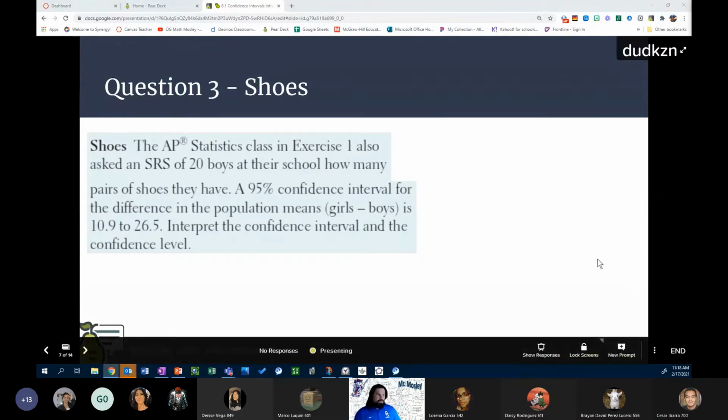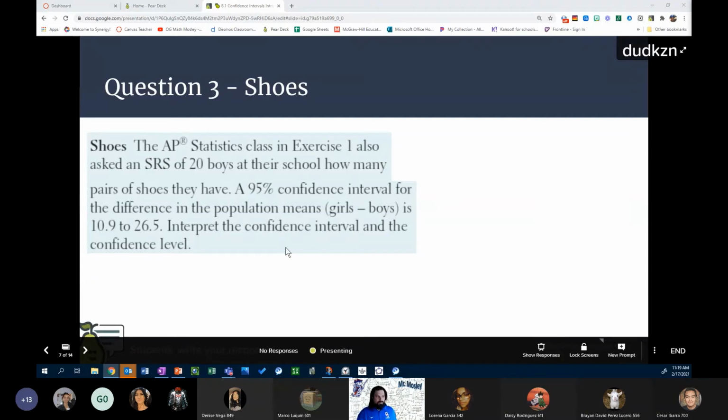Question 3, shoes. The AP Statistics class, in a previous exercise where they took a simple random survey of 20 girls, also asked for an SRS of 20 boys at their local school how many pairs of shoes they have. A 95% confidence interval for the difference in the population means, girls minus boys, is 10.9 to 26.5.